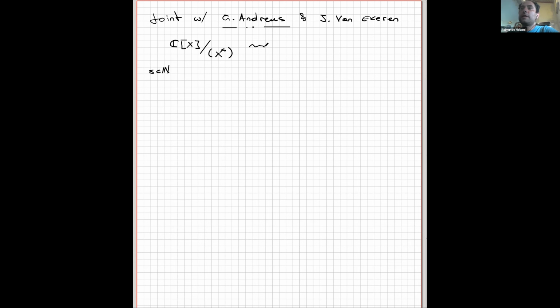And this is a commutative algebra. In general, it's going to be a Poisson algebra. You can view this as a Poisson algebra with a zero bracket. But the point is that I want to take the arc space of that.